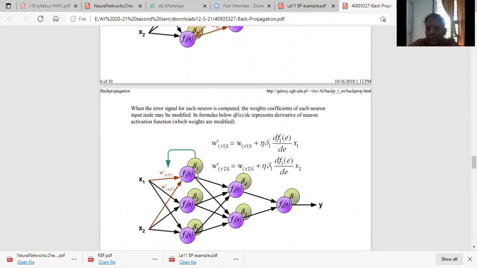Once the error is transmitted, you need to calculate the weight coefficients with the modified values.